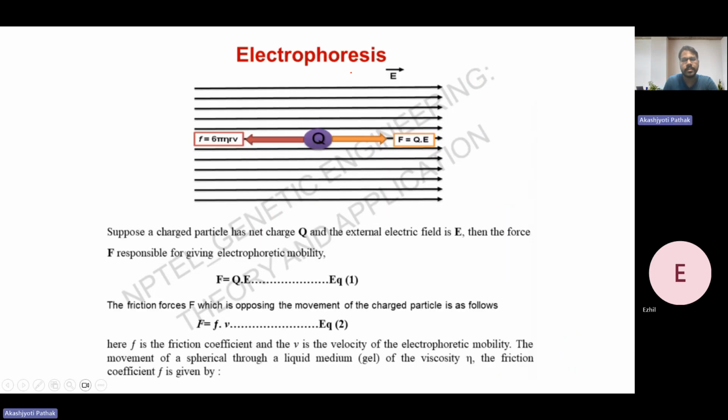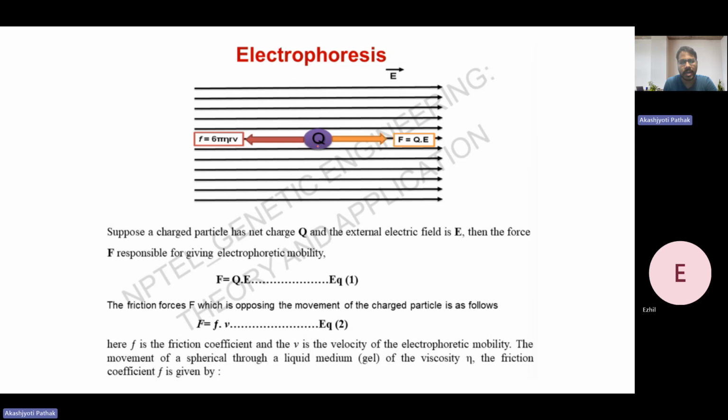Okay, so let's quickly discuss what electrophoresis is. When you are running a sample in the presence of an electric field, that is called electrophoresis.